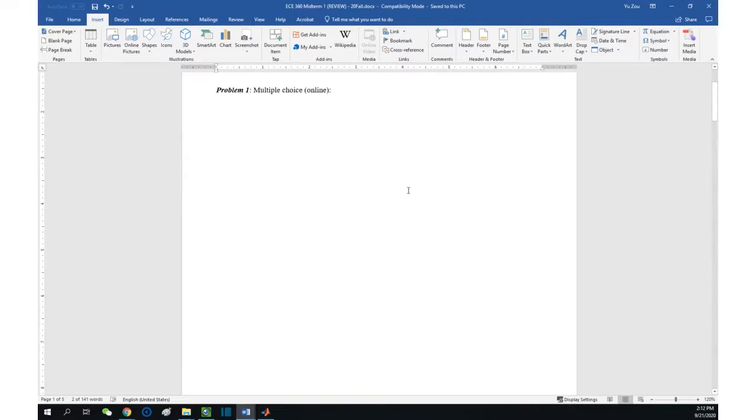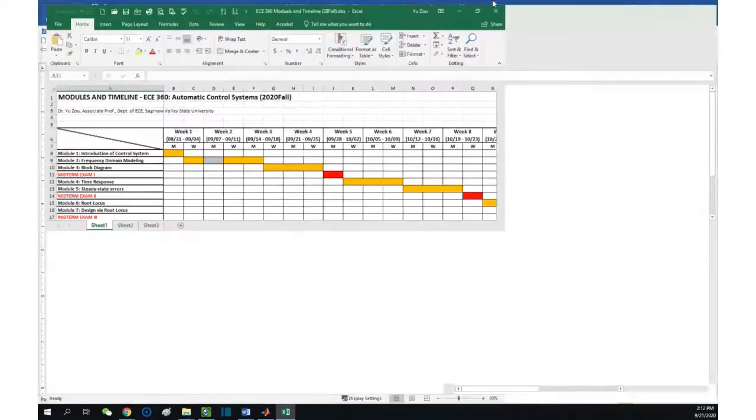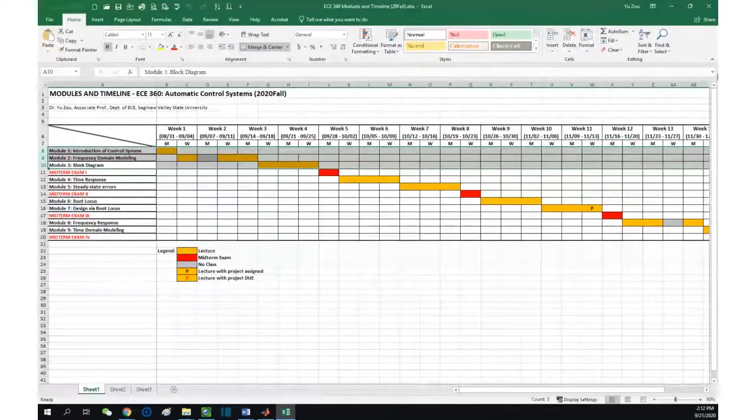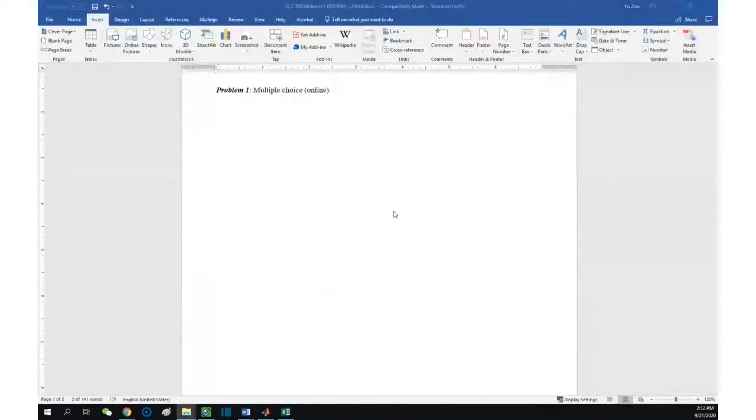It covers the modules we have learned so far. As you know, midterm 1 covered modules 1 through 3. It covers the basic concepts, especially, to see that you understand those. In the quiz, you're going to select the answers there.